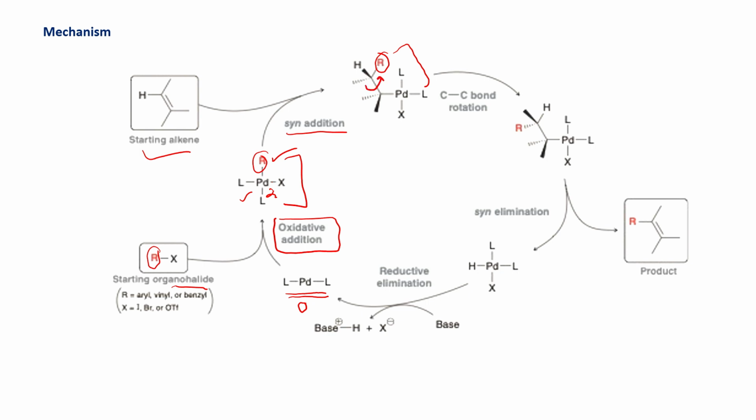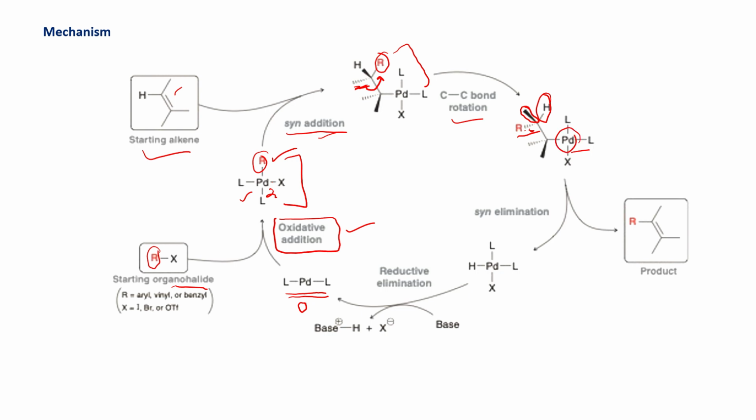So this bond rotation will happen. R will go on one side and palladium on another side. Accordingly you can change the bond. Now R is in dotted form, and this methyl which was earlier in dotted form is in strong bond. So first step is oxidative addition, second step is syn addition on pi bond, third step is carbon-carbon bond rotation, and finally syn elimination of this hydrogen with palladium.